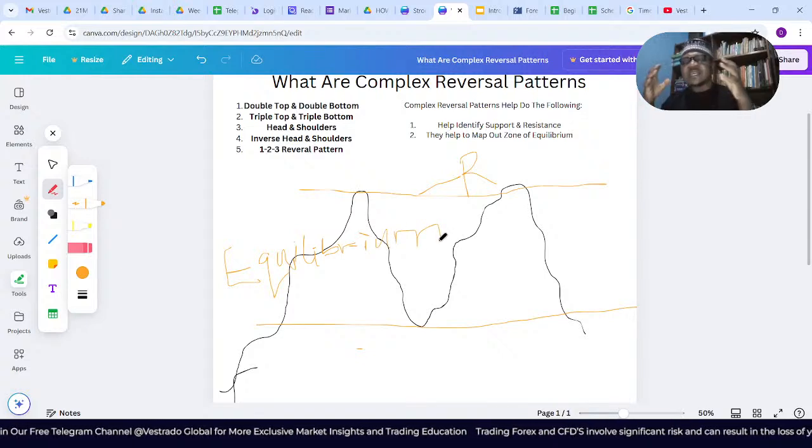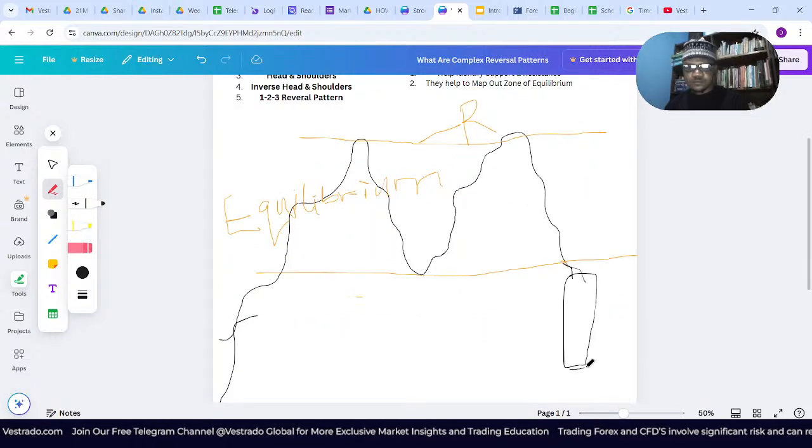What does that mean? It's a region where we know that the buyers and sellers are indecisive between that range. Within that range, the amount of buyers and sellers in the market are about the same. Equal buyers.